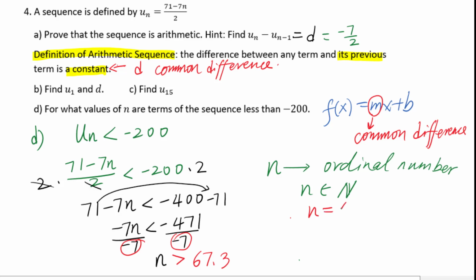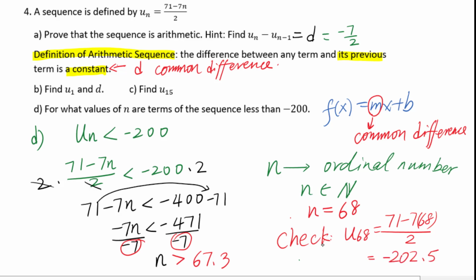This n equals 68. You can check. U sub 68 equals (71 minus 7 times 68) over 2 equals negative 202.5. This value is less than negative 200, so this will be the correct answer.